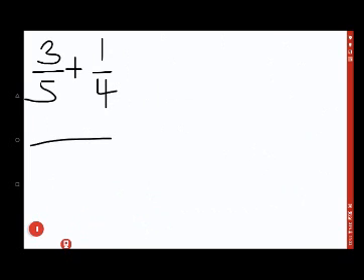Plus, then 4 goes into 20 5 times. 5 times the numerator of 1 is 5. So for the numerator you have 12 plus 5, that is 17 over 20. So this is the outcome for that BODMAS we did earlier.